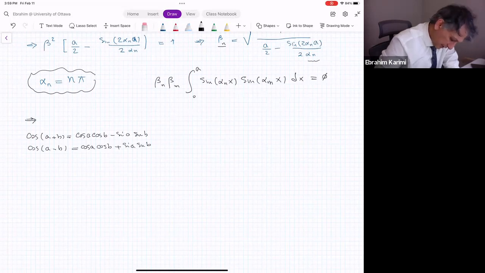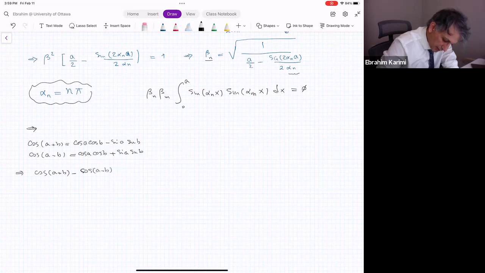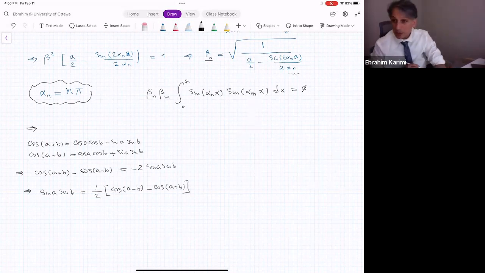I'm looking for sine, then that will be equal to cosine of a plus b minus cosine of a minus b. That will be equal to minus 2 sine of a sine of b. Therefore, sine of a sine of b is equal to 1 divided by 2 of cosine of a minus b minus cosine of a plus b. Is that right, guys? Okay, fantastic.